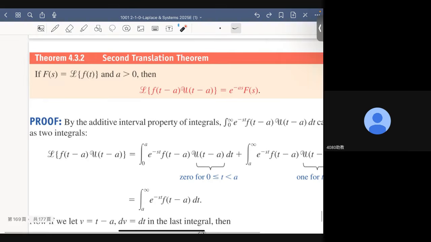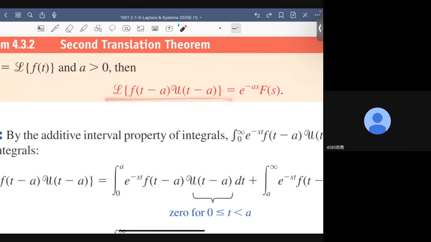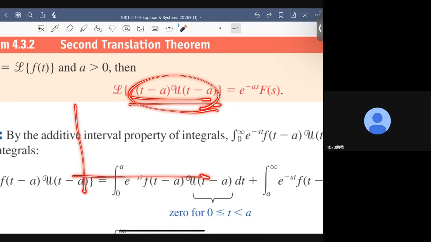Now, next thing I want to do is this. I delay the signal by a time units, let's say a seconds, and multiply it by a unit step function. Note that based on the definition of the unit step function, this function will have values only after t equal to a, right?